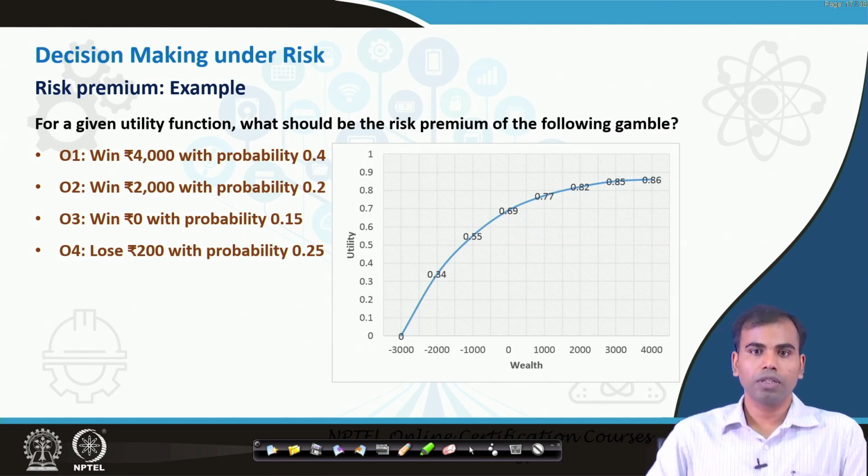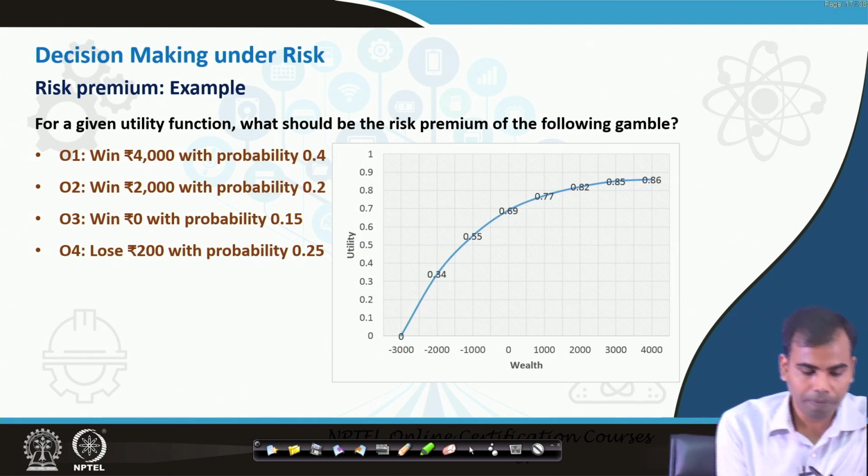So, first of all, we will try to calculate the value of expected cash flows, which is basically 4000, 2000, 0 and minus 200. So, the way to calculate the expected value EV is as follows.